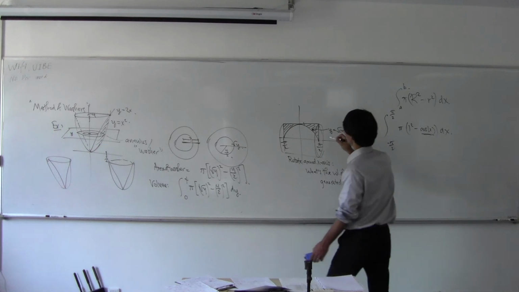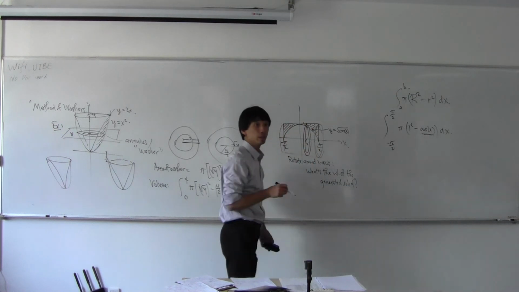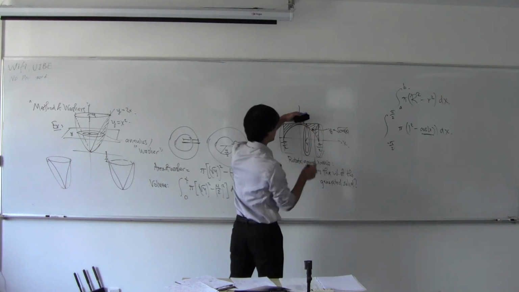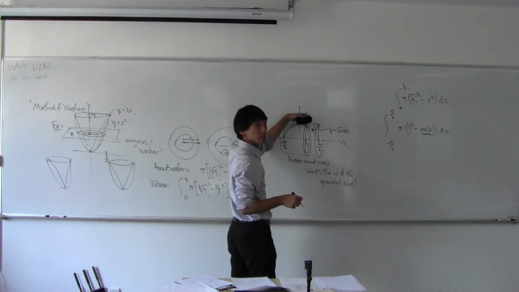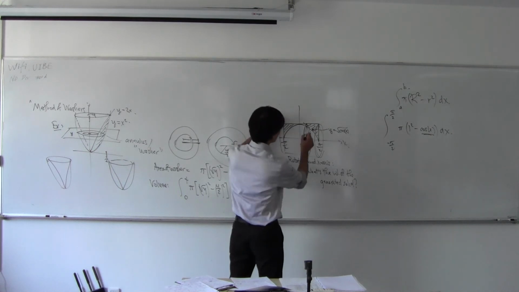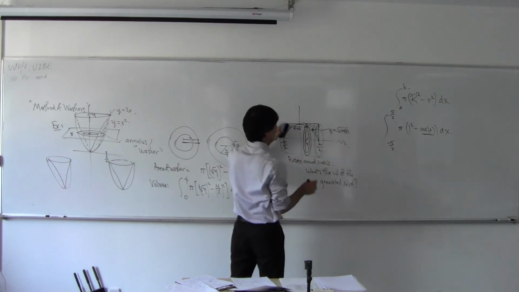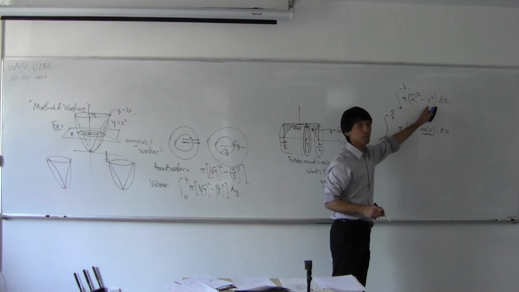At any point x, here we have your annulus, and the big radius is 1, right? And the small radius is root cosine x. So you get pi times 1 squared minus root cosine x squared.